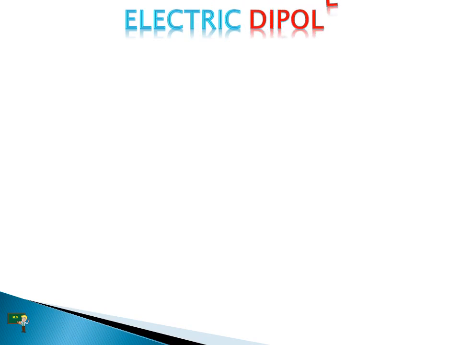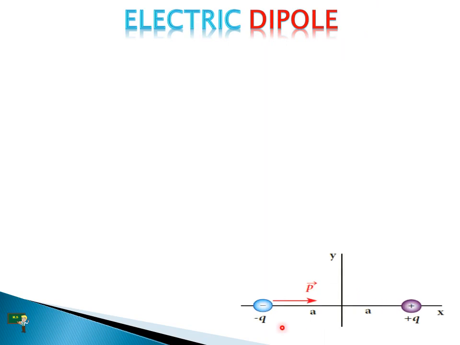Let's move on to the electric dipole. What do you mean by this electric dipole? See, this is a negative charge and this is a positive charge. We have this even in our homes.